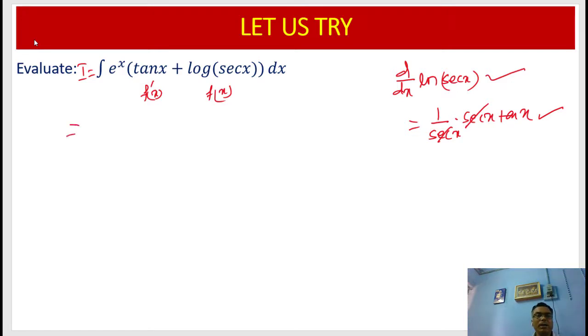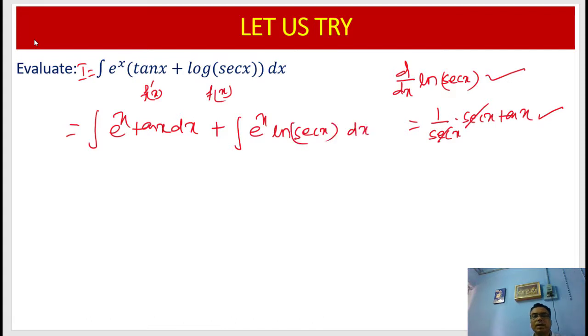So how to integrate? If this comes in the board, e to the power x tan x dx will be left to be cancelled. Integration e to the power x log sec x dx, I will integrate this second one and leave this first one.